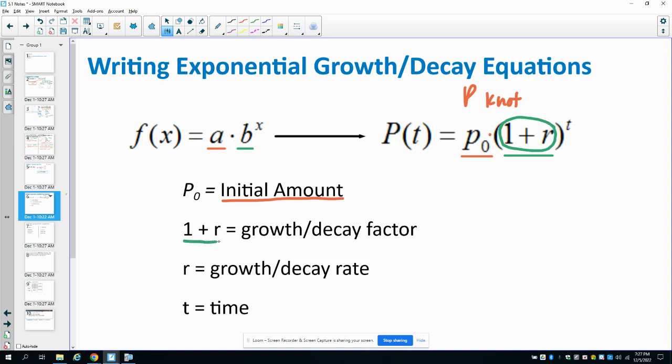This is the same as the b. And then inside of that growth factor, we see this r, which is our growth rate. Okay, so within the growth factor is the growth rate, and it's how much higher or lower this number is than 1. So we're adding the rate to it. So if we have a rate increase, then that's going to be adding. And if we have a rate decrease, then that's going to be subtracting. And then t is just your time, just your variable.